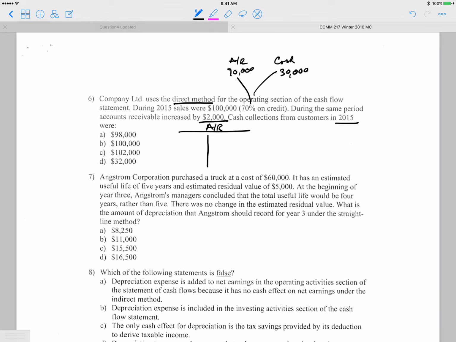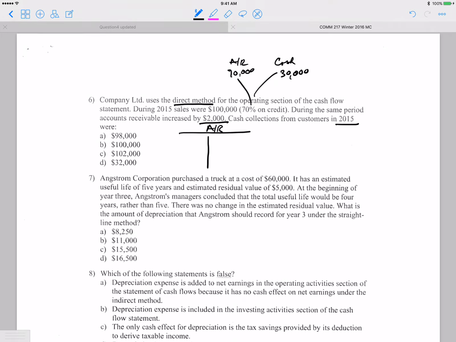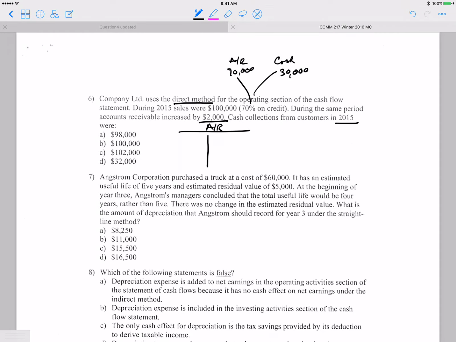Okay, so for 2015, they tell you the sales were 100,000, 70% on credit, so we know we did something like this initially. Debit AR, 70,000, credit sales, 70,000. We would have done cash, 30,000, and sales, 30,000.